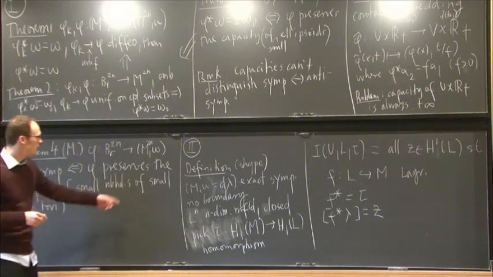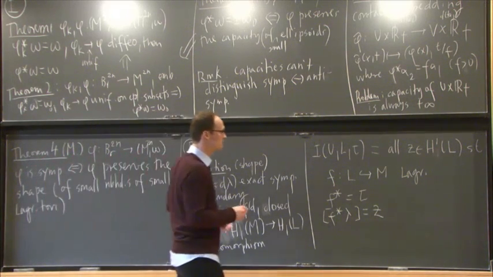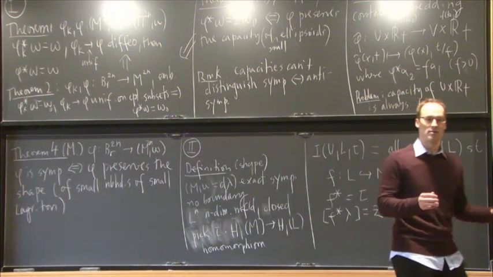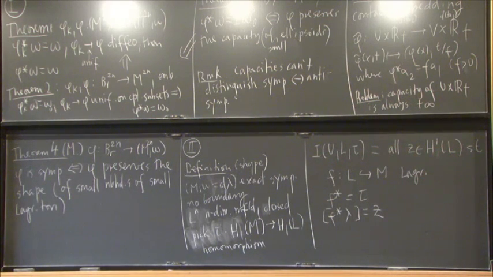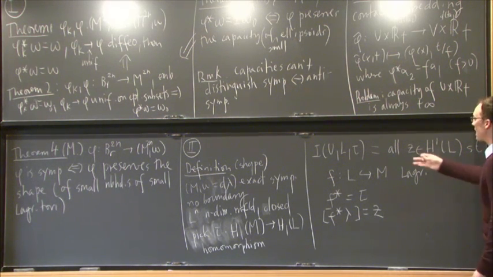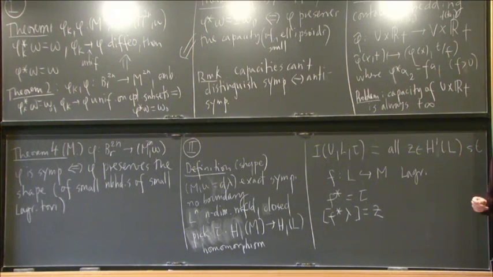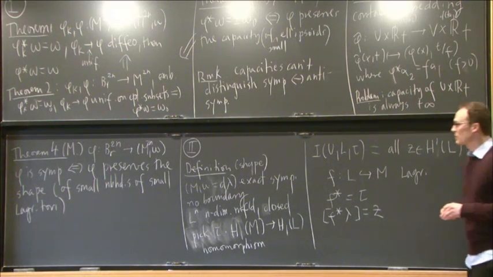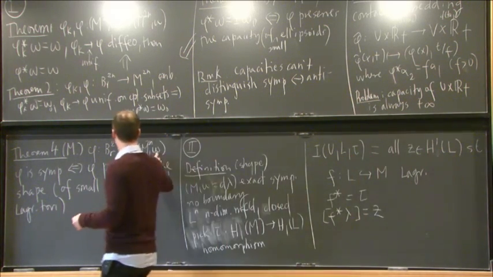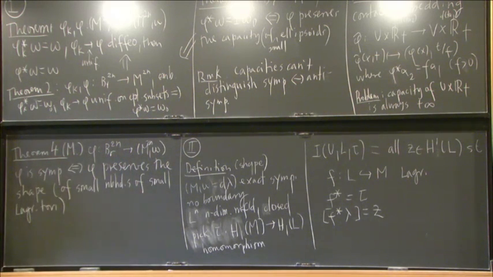So even though this is a general manifold, locally omega is always exact, and that's how I'm going to apply this whole shape invariant. So this is only defined for exact symplectic manifolds, but locally every omega is exact. So as long as I make R small enough, I can assume that in this theorem omega is an exact form. In fact, it's just going to be R to n.